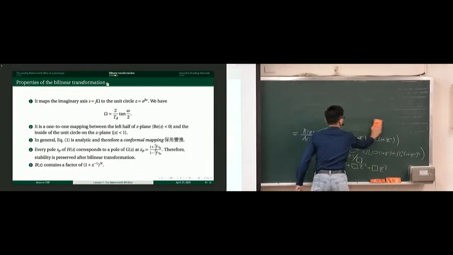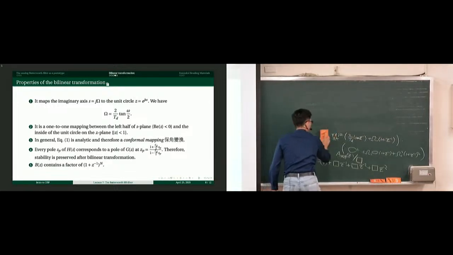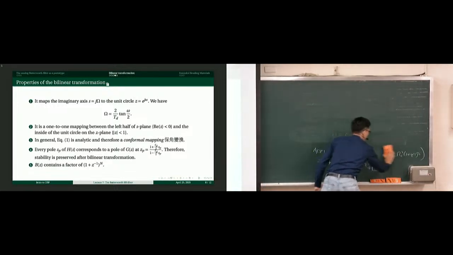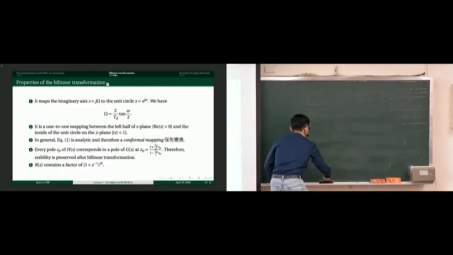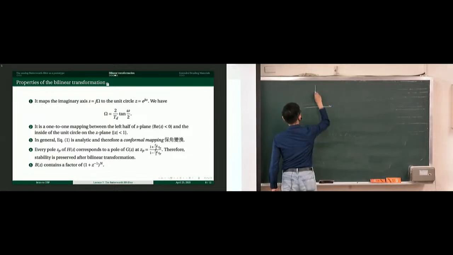In the sense that, imagine you have two vectors. Imagine we are on the S-plane to begin with.